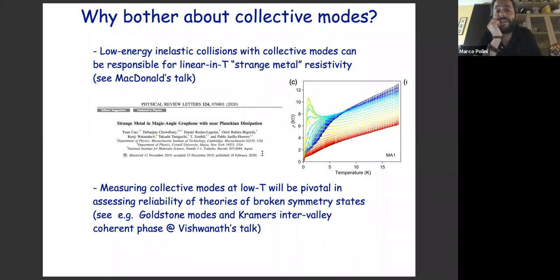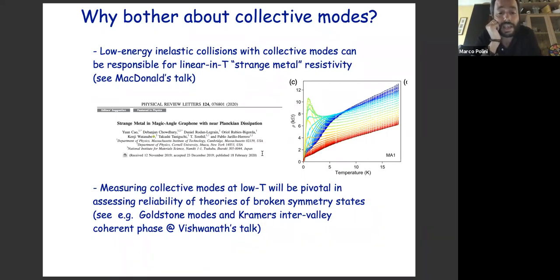Just to give you a couple of examples, Alan mentioned that the linear in temperature resistivity may be explained by inelastic collisions between electrons and collective modes of the broken symmetry states. So having eventually an apparatus that works at low temperatures will allow you to probe these collective excitations of the broken symmetry states.